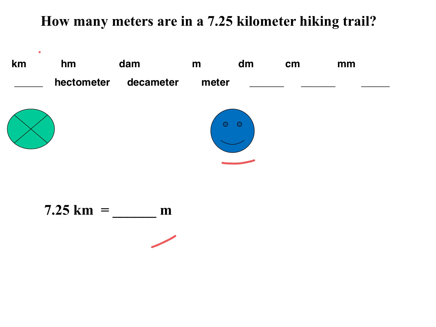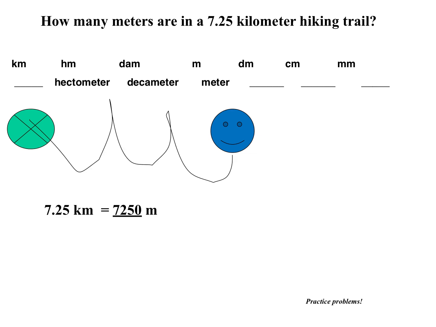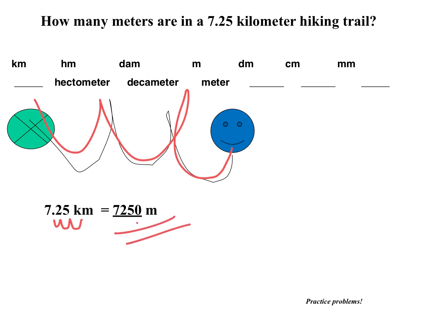And then what I'm going to do is I'm just going to count how many places over on my chart I need to move to get to meters. So it's 1, 2, 3. And if I move my decimal point 3 places, 1, 2, 3, I had to add a 0 for that third one, then I have the answer. And it's just a matter of moving the decimal over while I'm looking at the chart. It's really pretty easy.